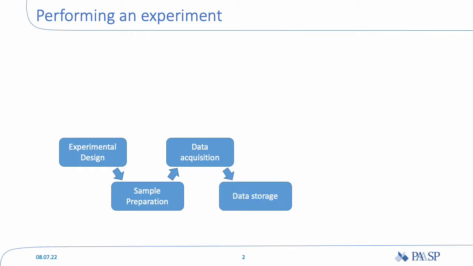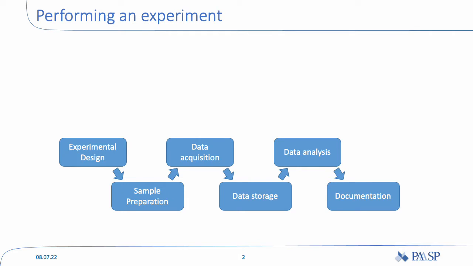The raw data is then analyzed, and ultimately the entire experiment has to be documented and archived for long-term storage. If you are wondering what the difference is between data storage and archiving, this will be clarified as we go through the different aspects of the acronym ALCOA.